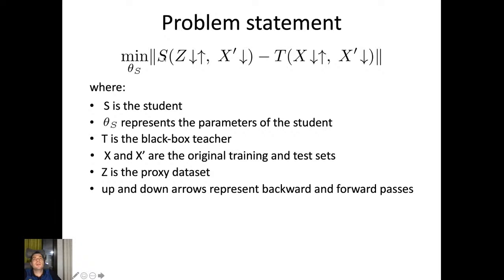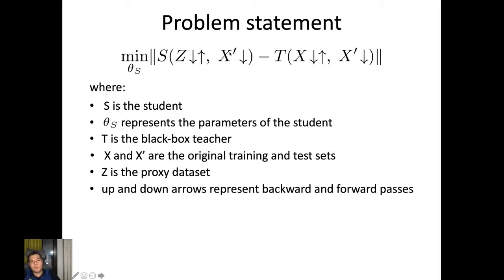We frame this in a teacher-student framework where the teacher model is the black box model for us, and the student model is the copy that we want to train. We have the training set X that is only accessible to the teacher model, so we do not know the X here.